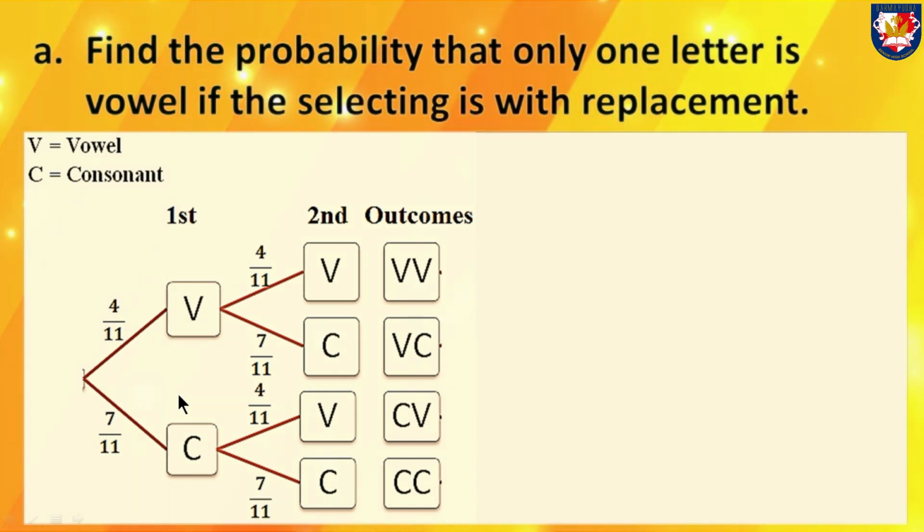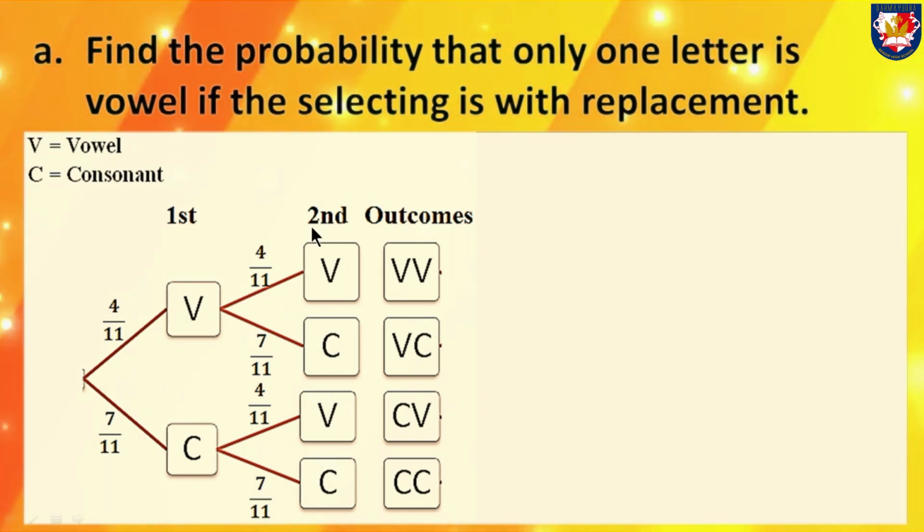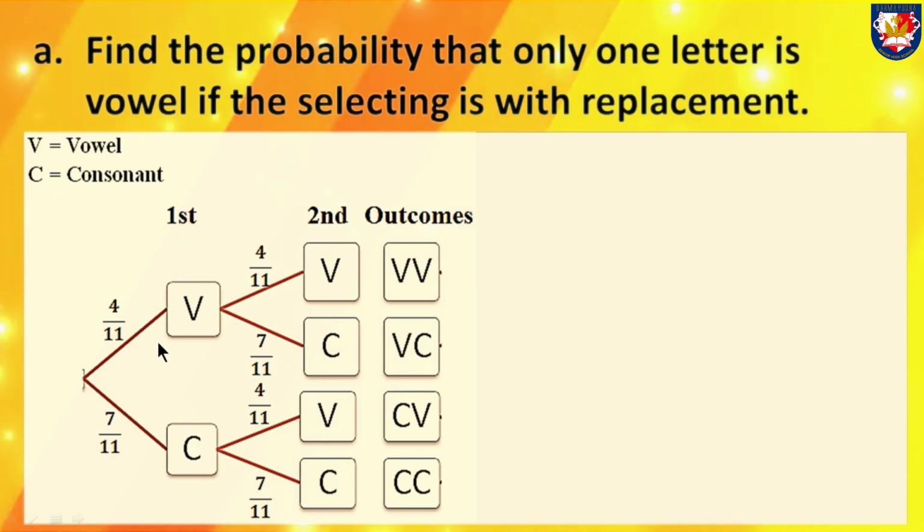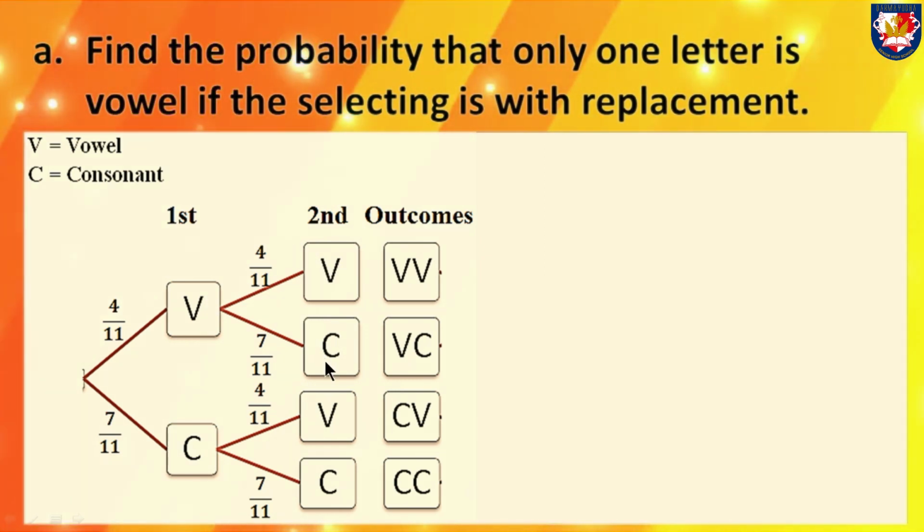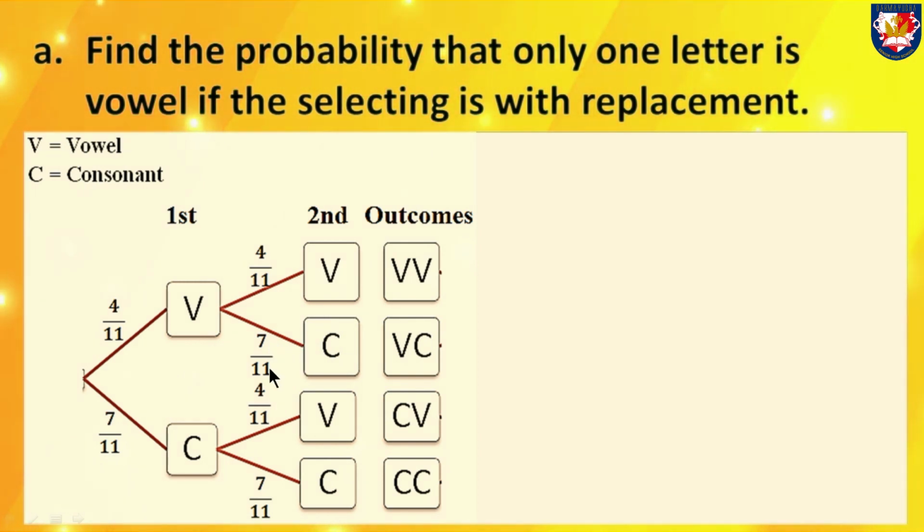So the probability of a vowel at the second, if you got a vowel at the first, is the same, 4 per 11, and the consonant is also 7 per 11. The same goes for a first-drawn consonant: still 4 per 11 for vowel and 7 per 11 for consonant, because you return the selected letter.